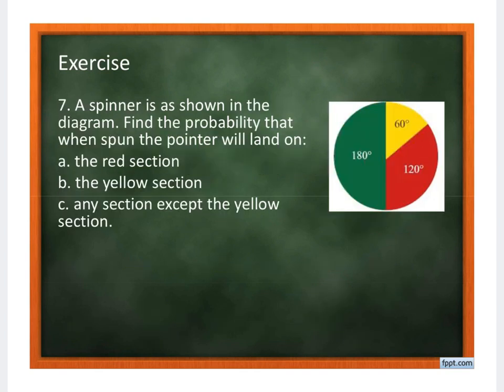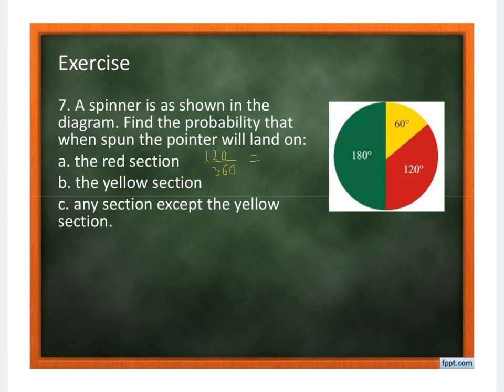A spinner is as shown in the diagram. Find the probability that when spun the pointer will land on A, the red section, B, the yellow section, C, any section except the yellow section. The red section is 120 over the total degrees of the circle, 360.